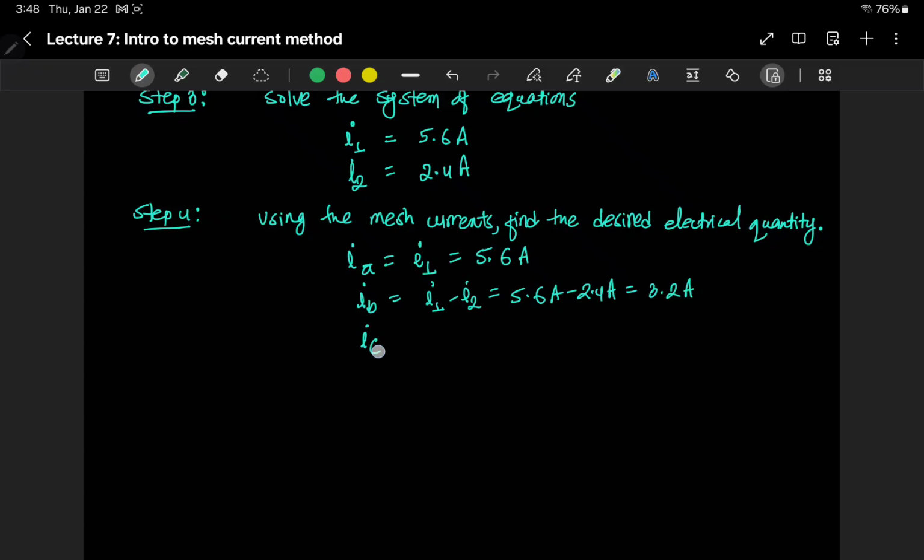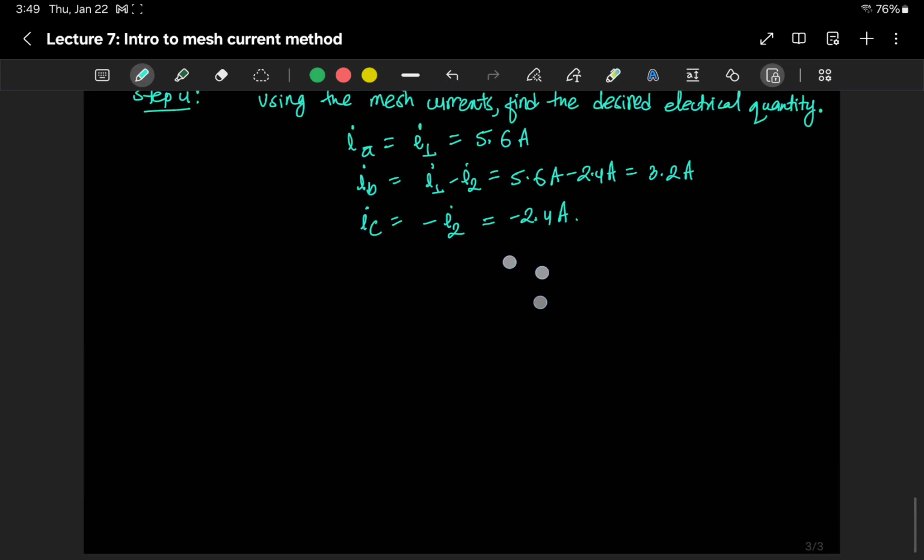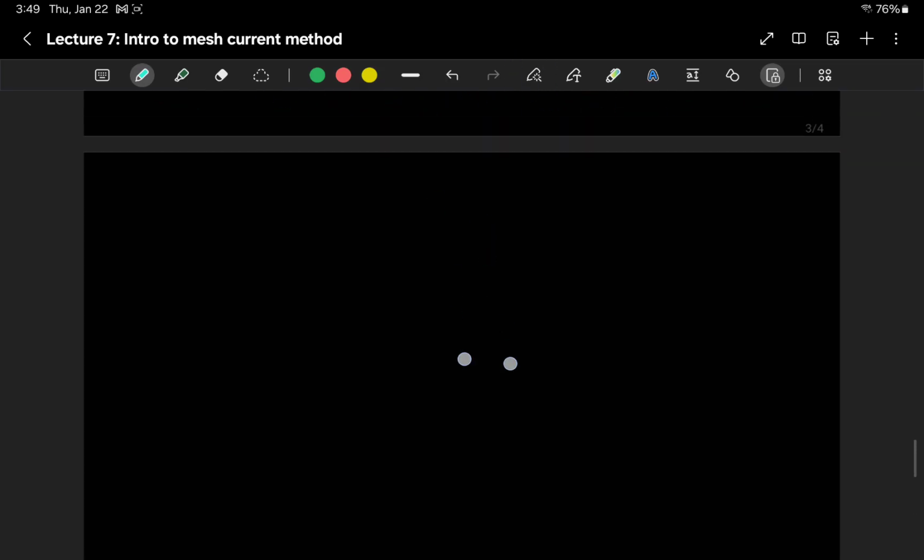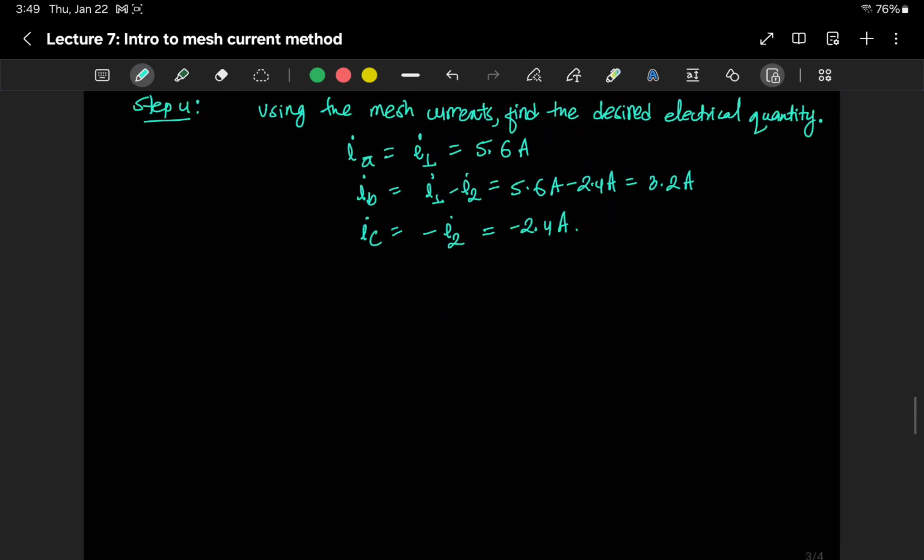And finally IC is equal to minus I2, which is minus 2.4 ampere. So this solves the problem using the mesh current method. Let's do one more, a little bit more complicated example. It is mostly the same as this example, but we'll also introduce a constant current source.